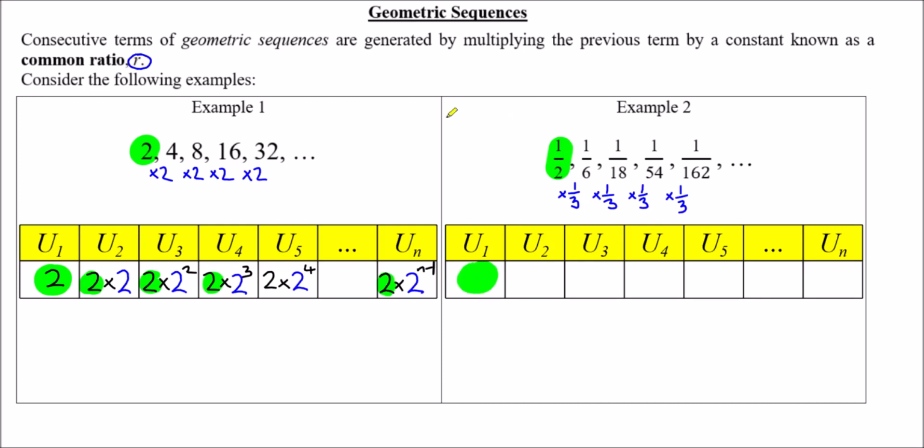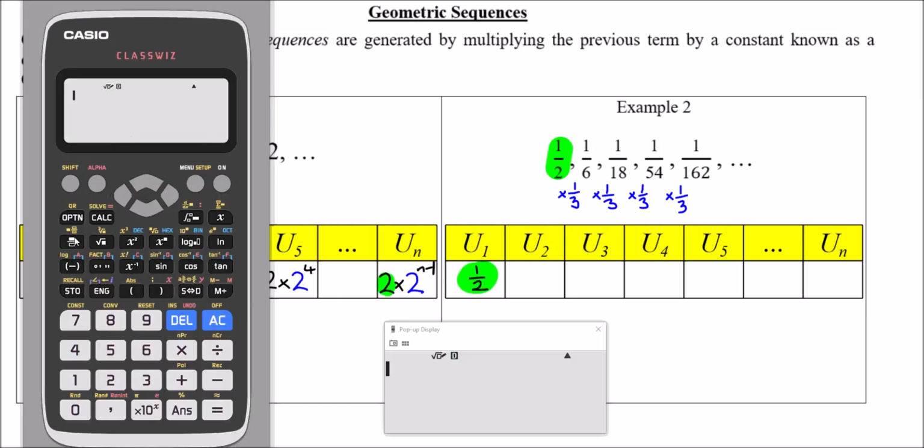So again, in this case, the first term, we've got a half. So I can just write this down. So the first term's a half. Second term is a half multiplied by this common ratio. We can always work out the common ratio, by the way, by taking one term and dividing by the one that comes before it. So for example here, if we did 1/6 divided by a half, we get 1/3, which is what the ratio is.